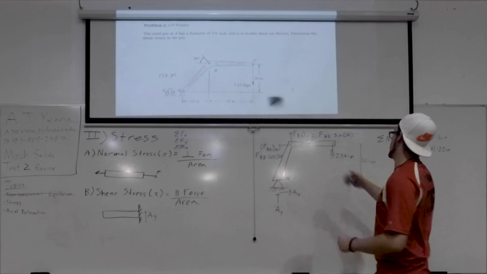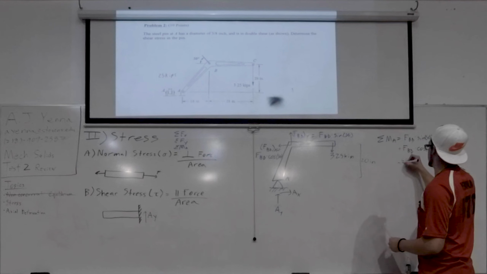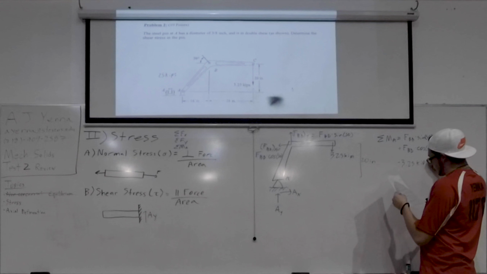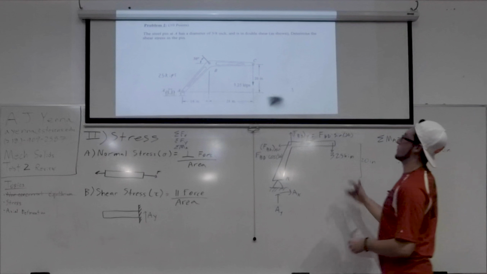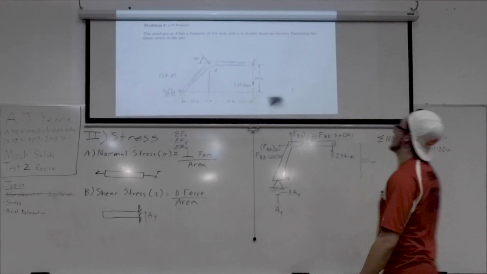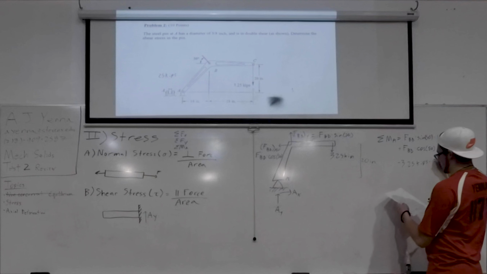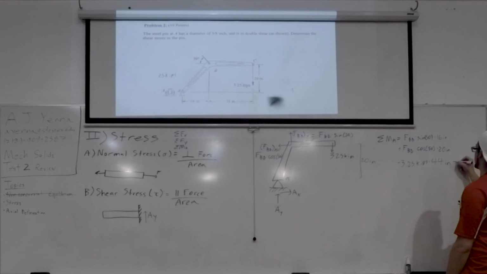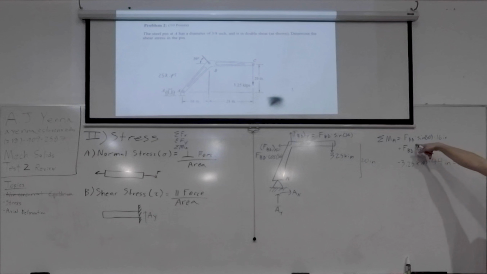Minus, because it's clockwise, the 3.25 kips times the 44 inches, which is just 16 plus 28, which is the horizontal distance from A to C. Equals 0. Same thing, you only have one unknown.